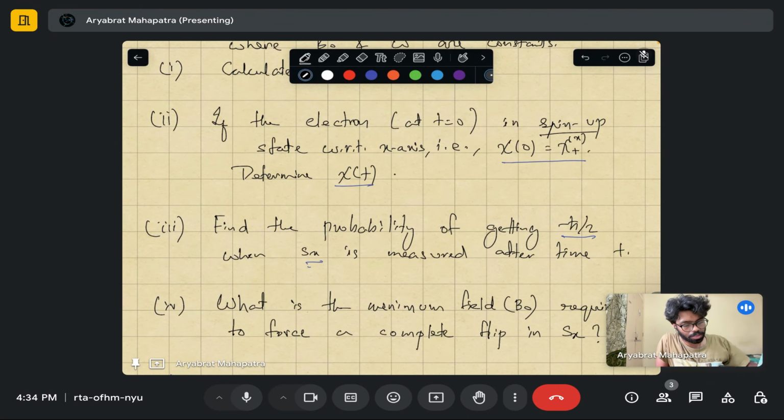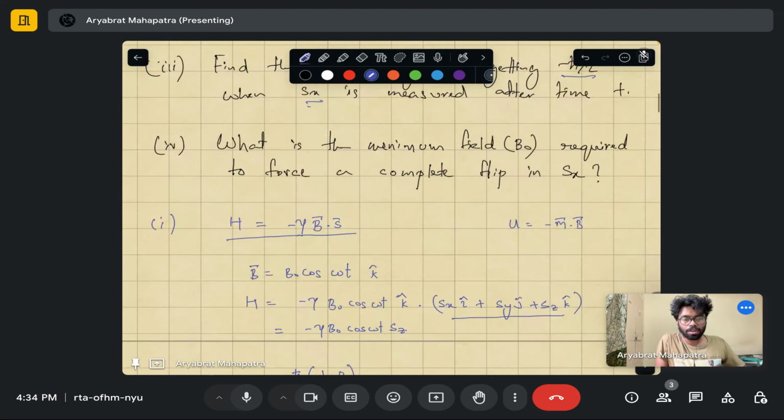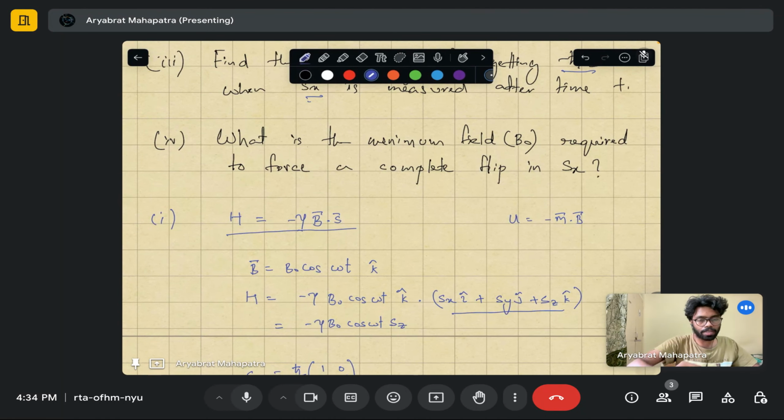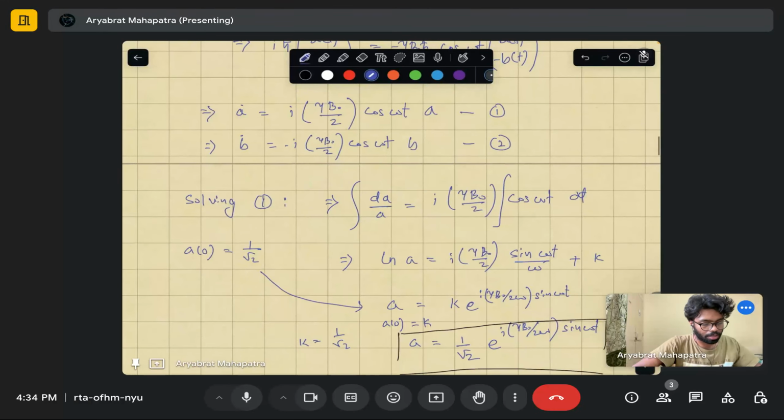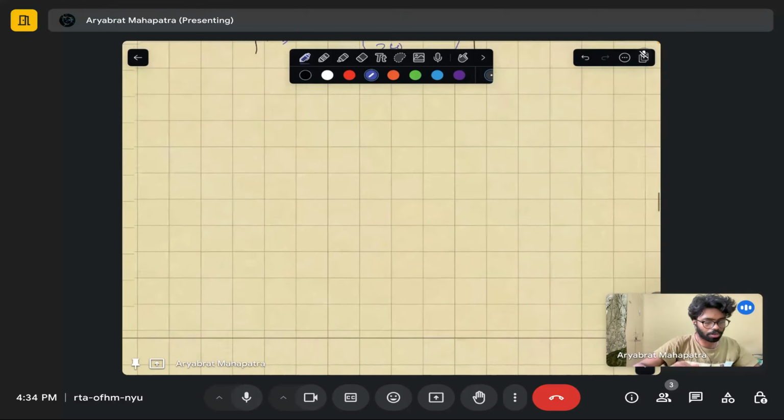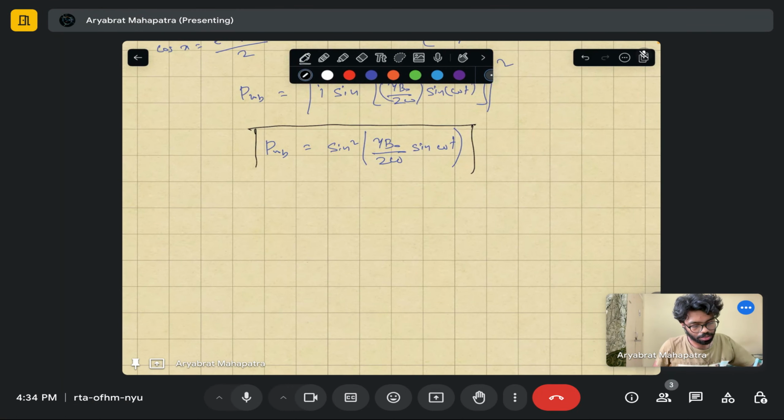So what is the probability that it will completely go to the spin downstate after this time t? That means your probability is high, your state is completely going over. So this is number 4. Initially you have spin up, and now you are going to spin down after t.